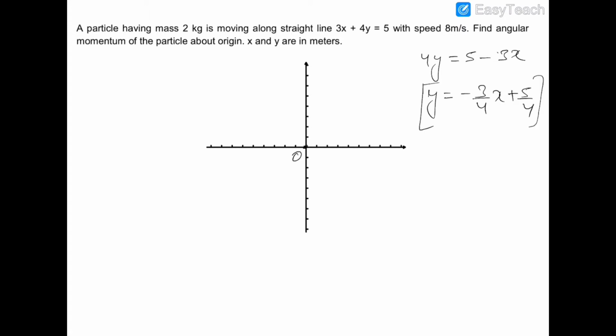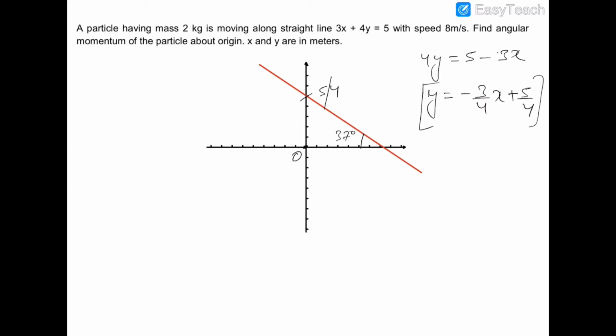This is the equation of a straight line. If you draw it, it passes through the y-axis at the point 5 by 4 and makes an angle of 37 degrees with the x-axis, because its slope has a magnitude of 3 by 4.